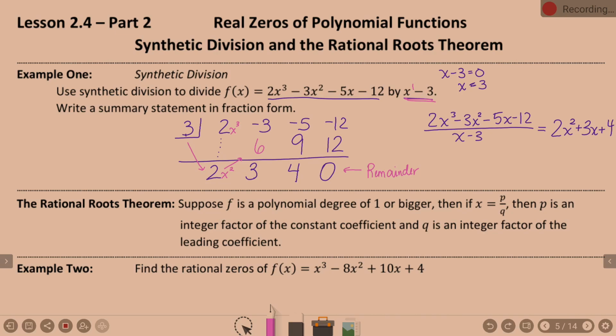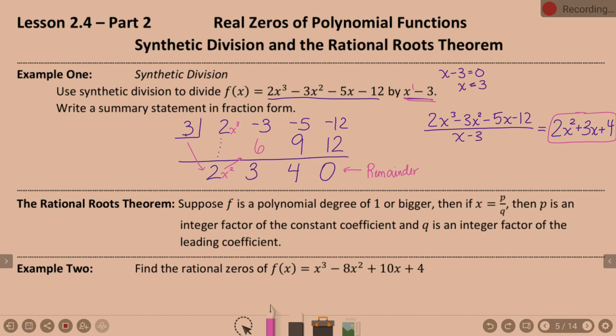Does that sound familiar? Okay. So the answer is your 2x squared plus 3x plus 4, but I wanted you to see, if you see something written like this in an answer key or in the book, this is what they mean by write the summary statement. You're just summarizing the problem: it was this divided by this and it equals this. Okay.